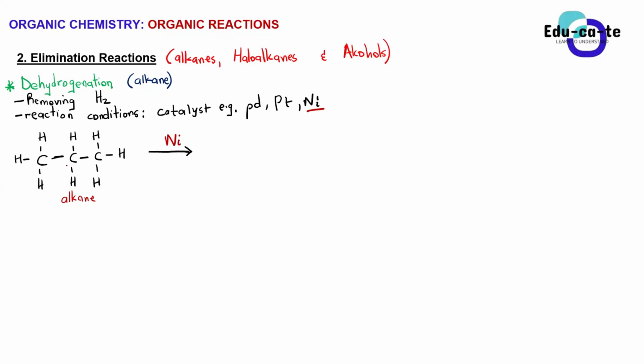We will actually go to two consecutive carbons here, and we are going to remove two hydrogens from them. So let's say I just remove these two hydrogens that I've circled. If I remove these two hydrogens, do you guys realize that these two carbons are left with no complete bonds?